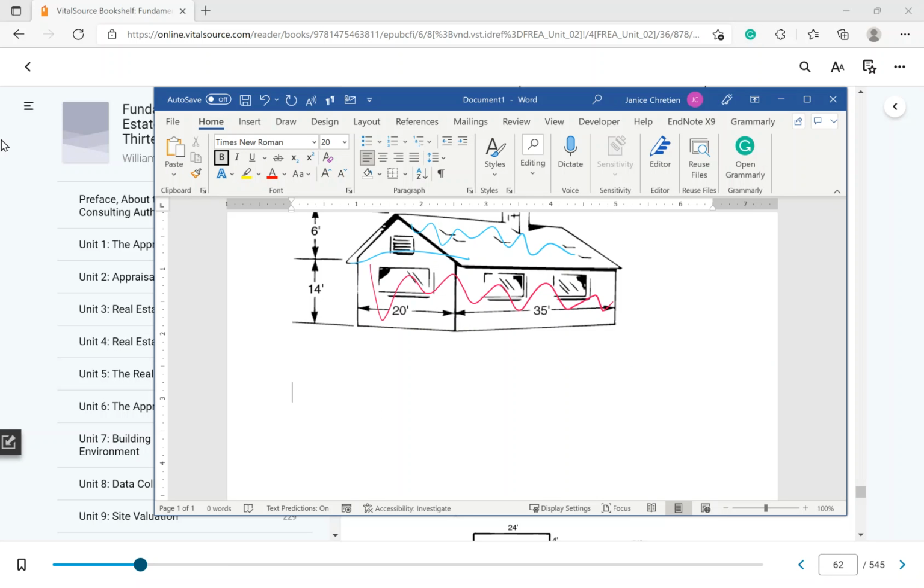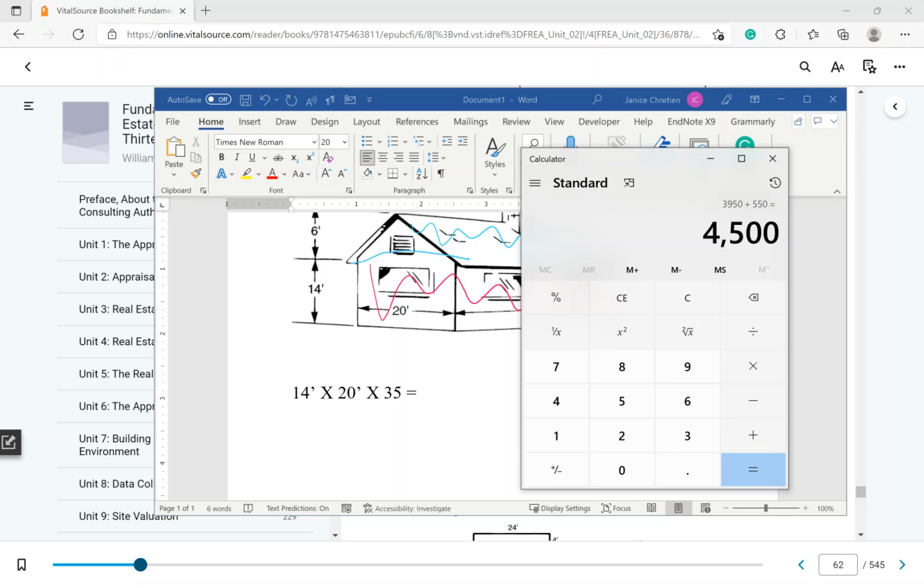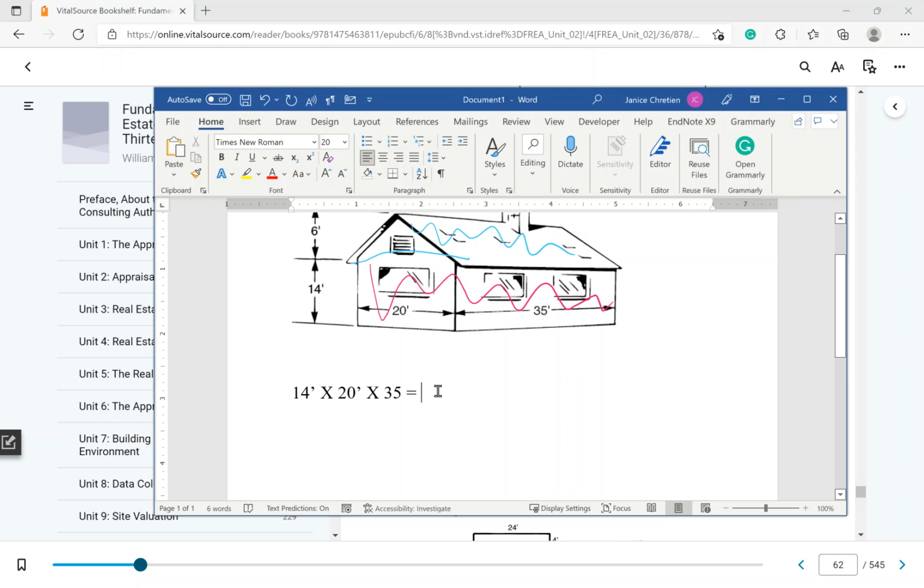So I have 14 feet times 20 feet times 35 feet. I have 9,800 cubic feet.